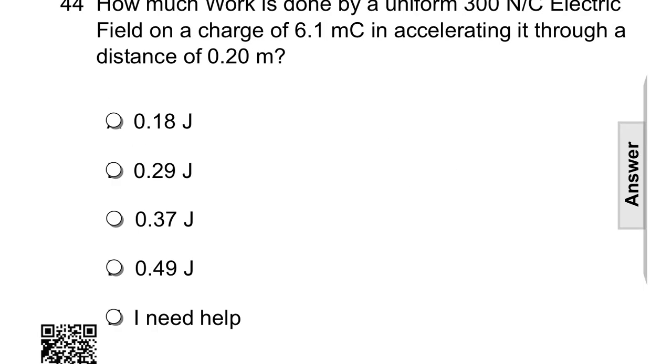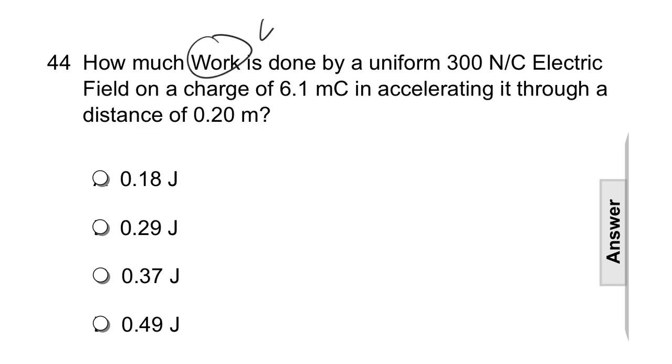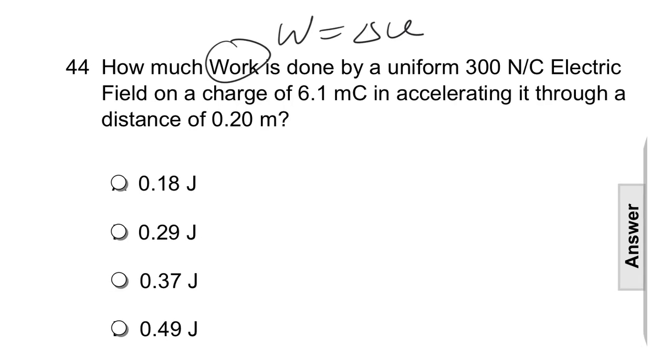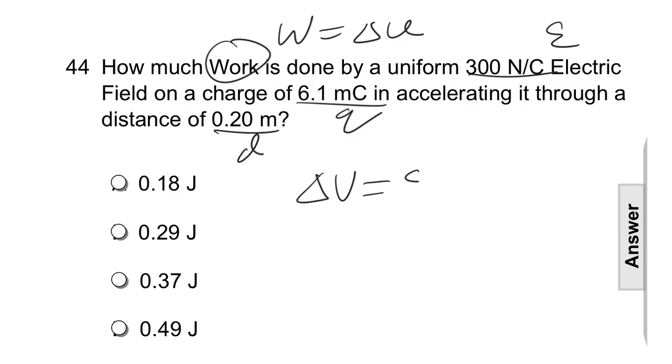Okay, this is worded a little differently, but work equals the change in U, right? So we have E here. Here's a little q that's accelerating, and here's the distance. So V equals ED. Change in V is also the change in U over the charge being moved.